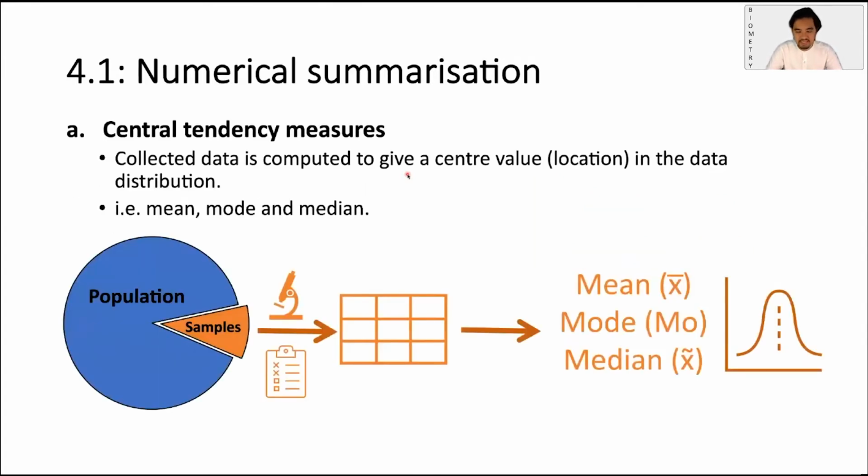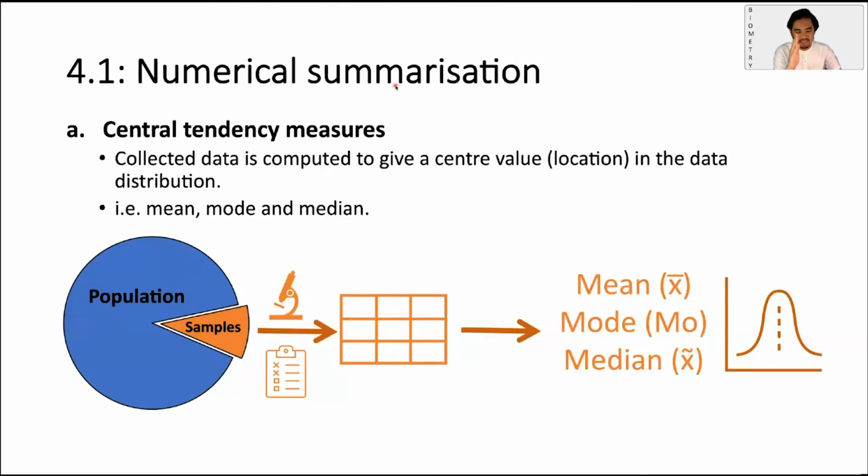For the central tendency measures, remember that when you collect your data from the population, you do the experiment or take the surveys and record them in a table in your spreadsheet, whether a Google spreadsheet or Excel. Then you calculate the mean, the median, and the mode, where you look at the center value of your data.